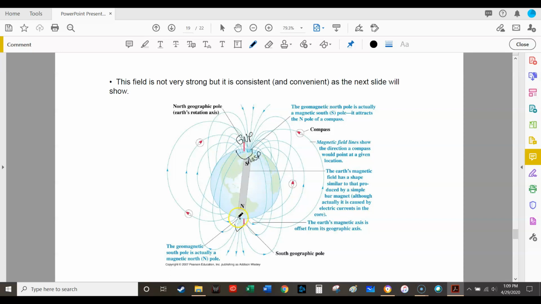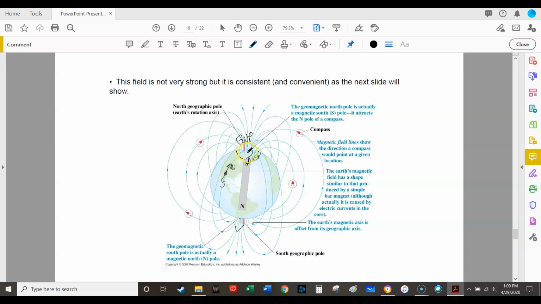So the North Magnetic Pole is on the bottom of the Earth, and here we are in Arizona, right here, and our compass should be pointed up and to the right. Right? So it is. So that's the north end of our little compass, and this is the south end of our compass needle.